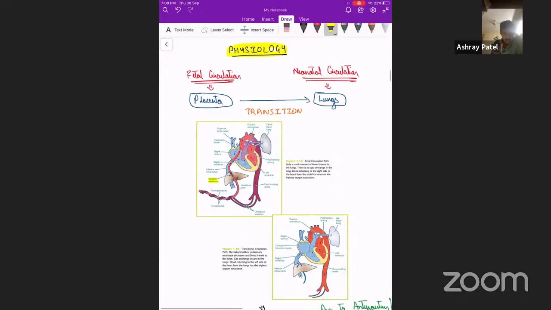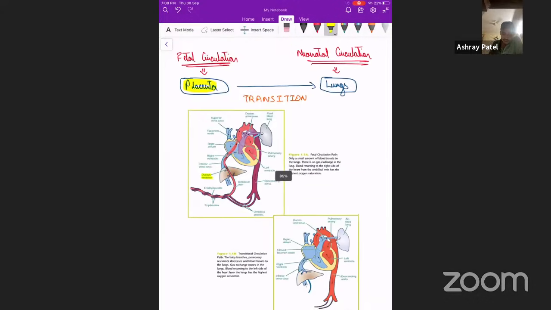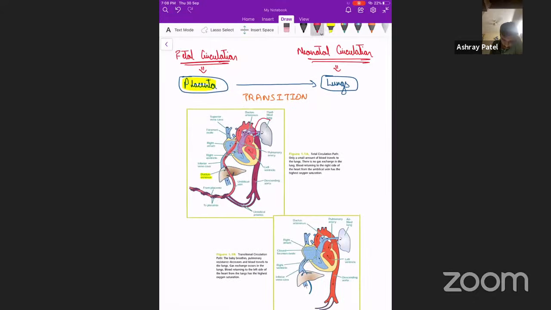So again, as we already discussed, in the fetal circulation, it is the placenta that is responsible for giving oxygenated blood to the fetus, correct? That is the reason why in the fetus, the lungs are fluid filled, correct? But as soon as the baby is born, this transition has to be made, and these fluid filled lungs have to be filled with air, correct?